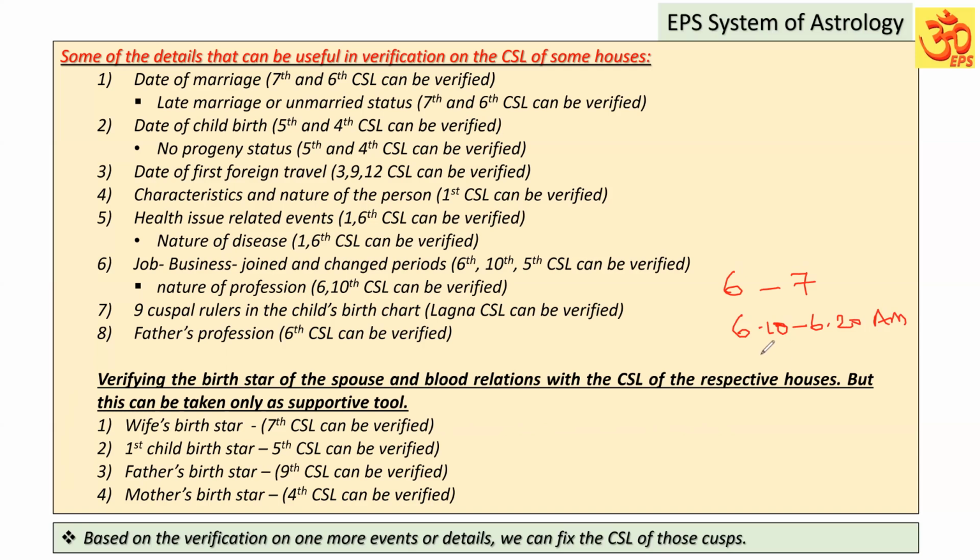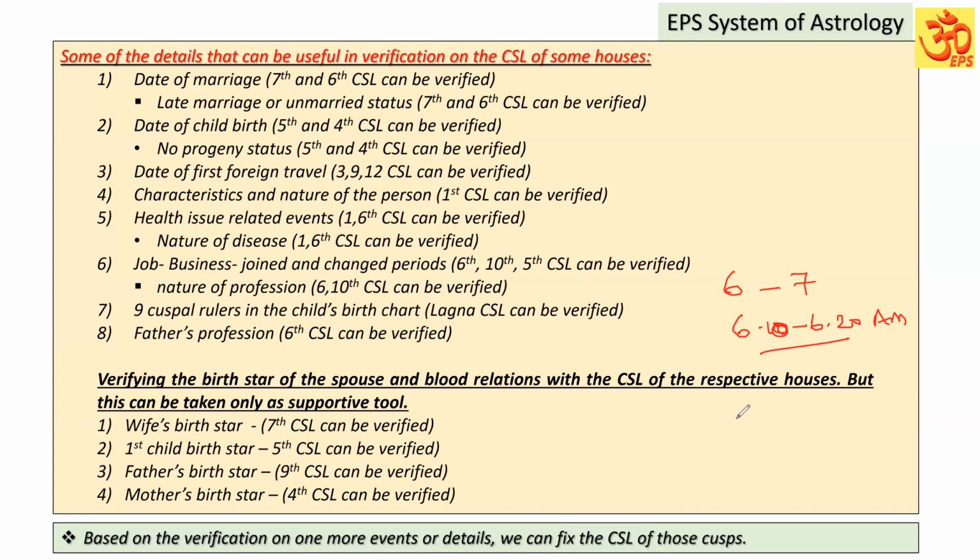So within a 10 minute duration, one or two cuspal sublords will vary. So to fix the particular minute, we may need to check all the important events. By that way we can fix the correct minute. You understand?